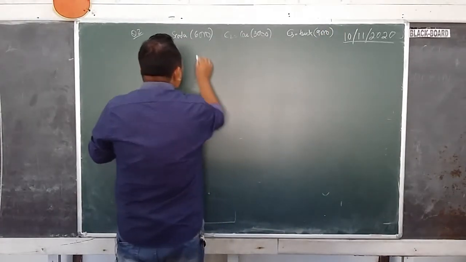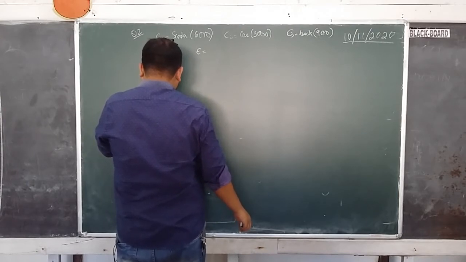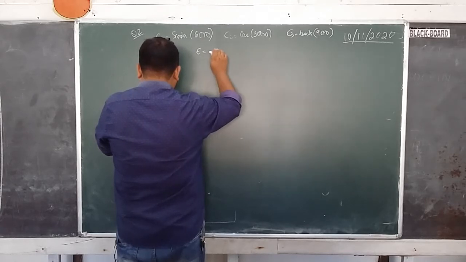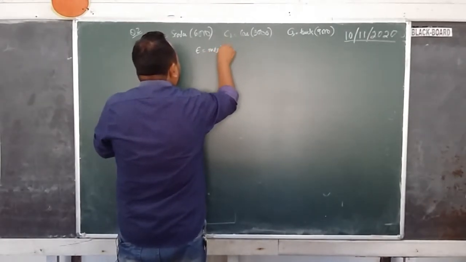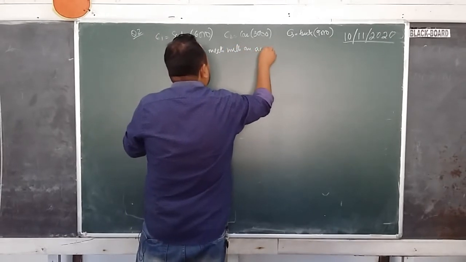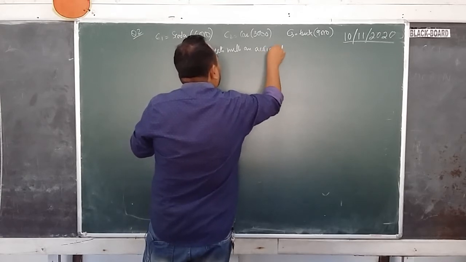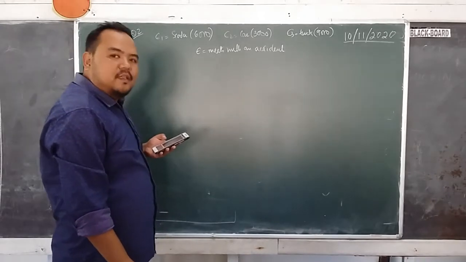So what is the common event? The common event is that one of them meets with an accident. Isn't this the common event? Because any one of them can meet with an accident.